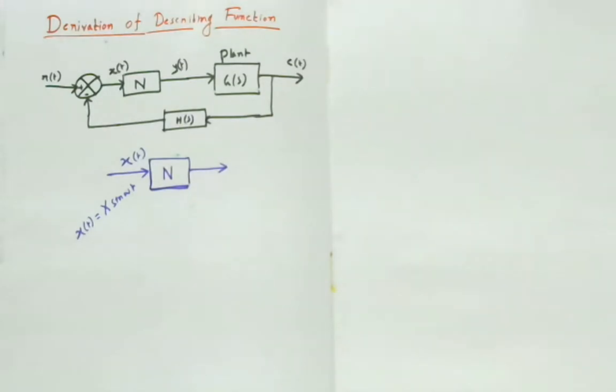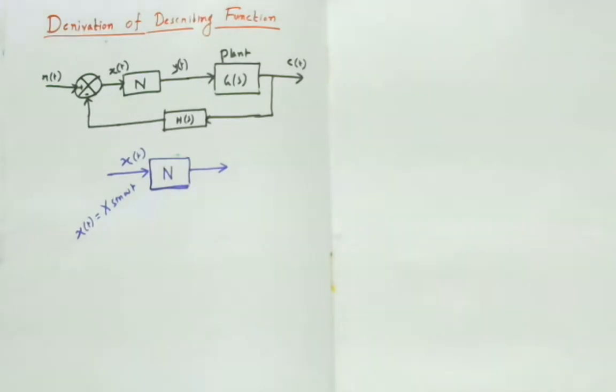Now, in case of a nonlinear element, if you apply a sinusoidal input of amplitude capital X and frequency omega, the output of the nonlinear element is not sinusoidal, but it will be periodical. Not necessarily sinusoidal.